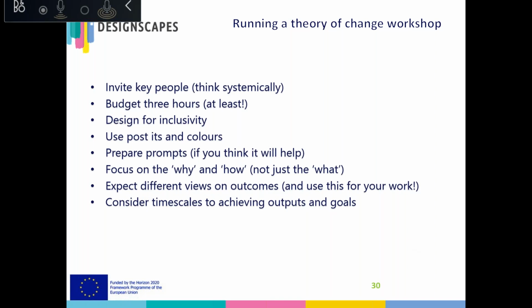Finally, consider the timescales towards achieving outputs and goals. How long is an outcome going to take? When are you anticipating changes to happen? This is important because it can help you decide what the most appropriate evaluation strategy is for you to use.